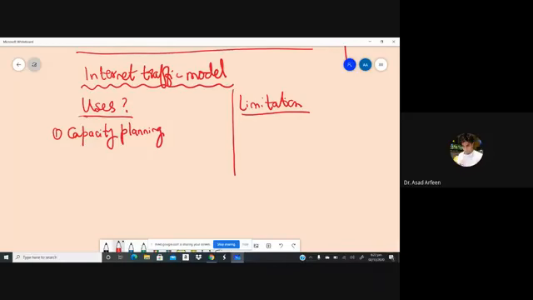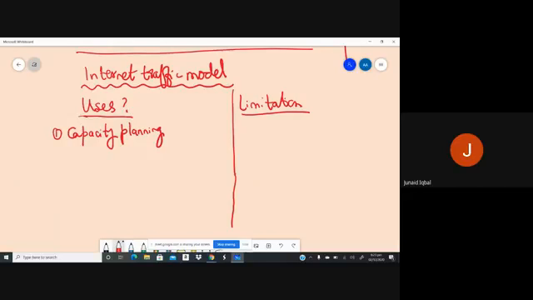Capacity planning, okay? Junaid, can you explain the meaning of capacity planning for our other fellows? So capacity planning means that we have to forecast the future traffic that we are going to handle.